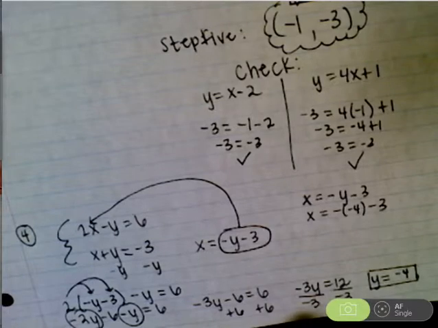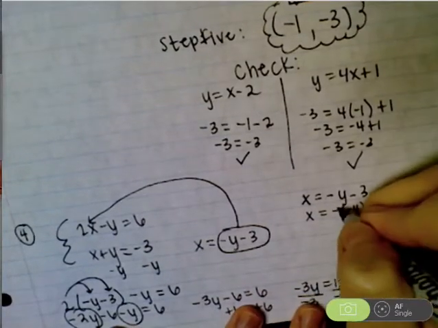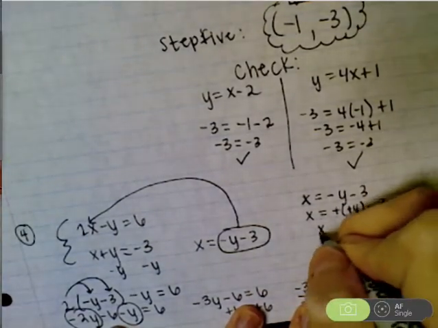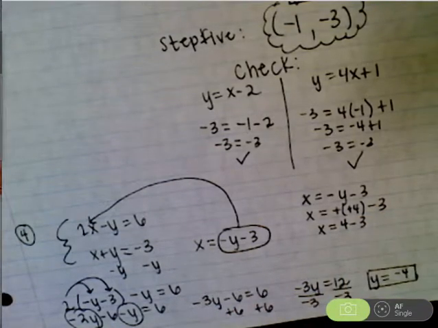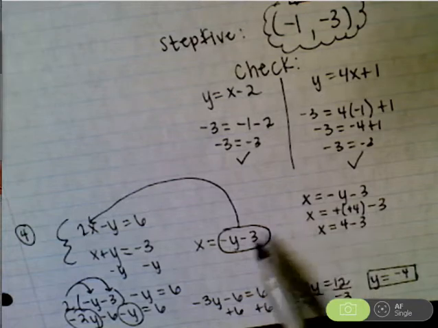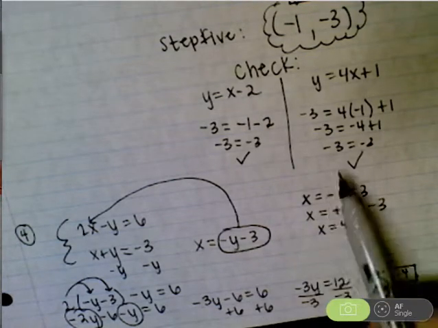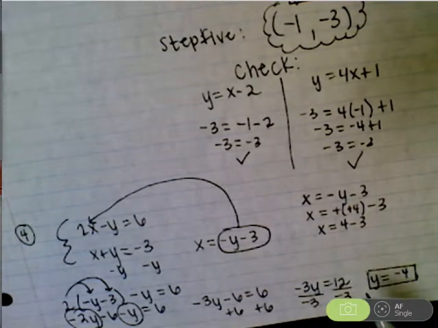So what's -1 times -4? Why would you do that? Because it says -y minus 3. So that's -1 times y minus 3.